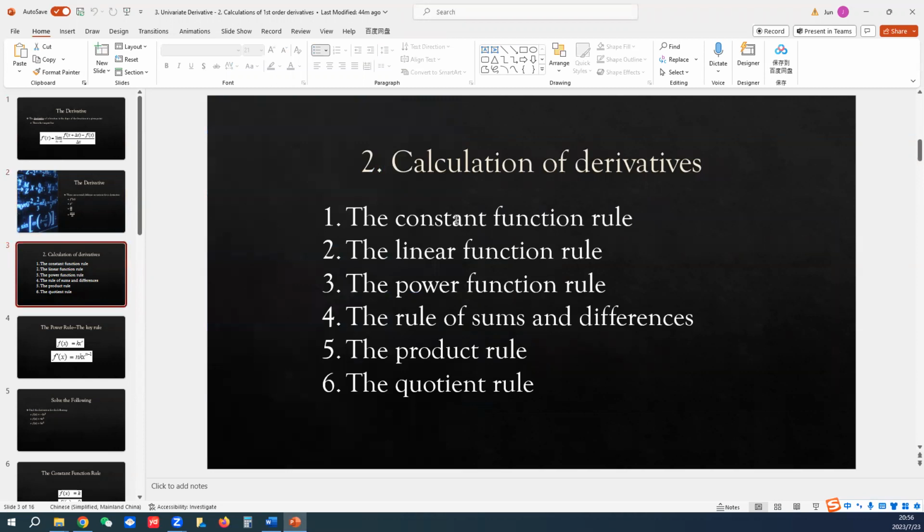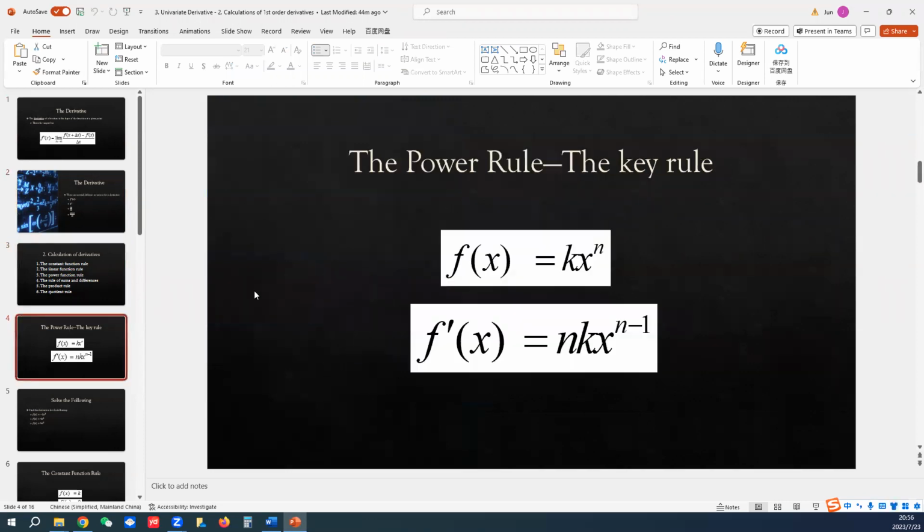So there are several rules of calculation of derivatives, but here I'm going to start with the key rule, which is the power rule. Okay, so now we are focusing on one single function first. So now let's look at the power rule. So the power rule is here f(x) equals k times x to the power of n, and its derivative is n times k x to the power of n minus 1.